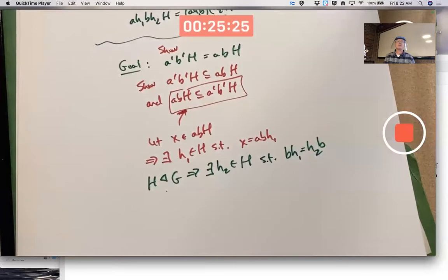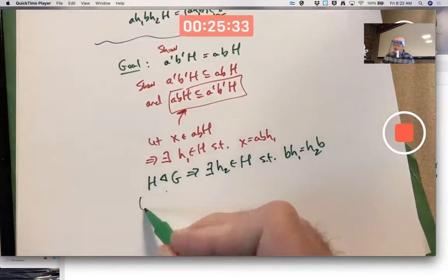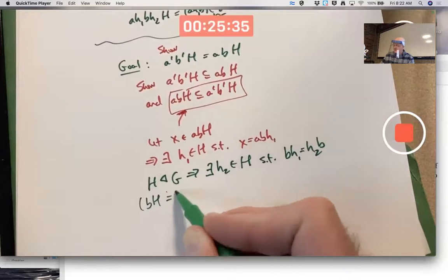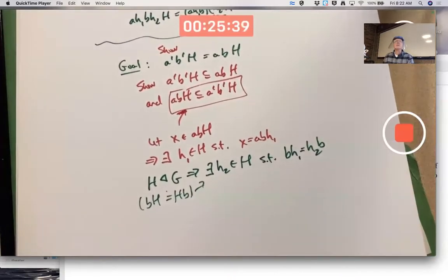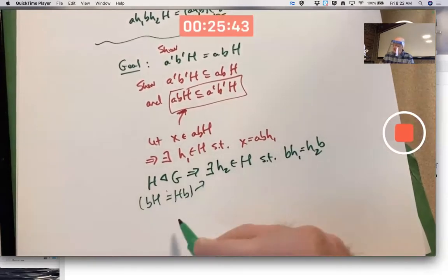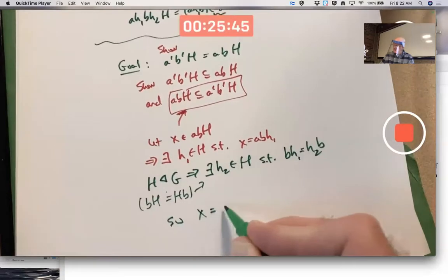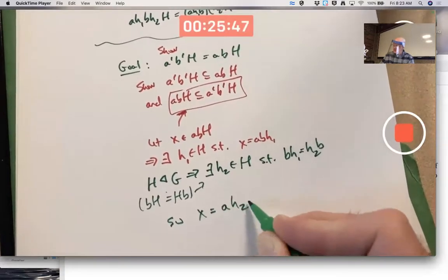But in general, you can't assume it's abelian. But it is normal. So I'm essentially using the fact that BH equals HB in saying this. So X equals AH2B.